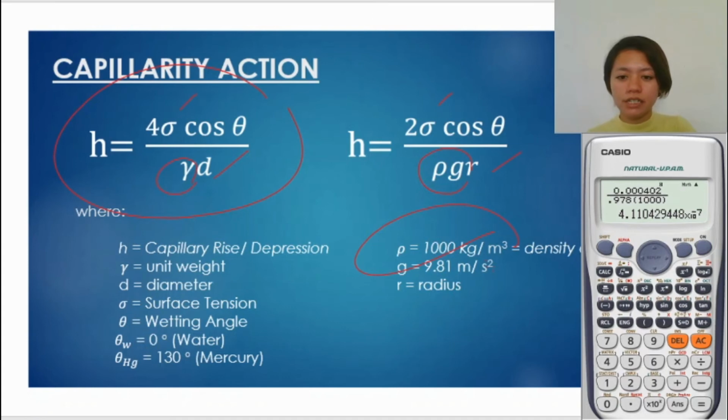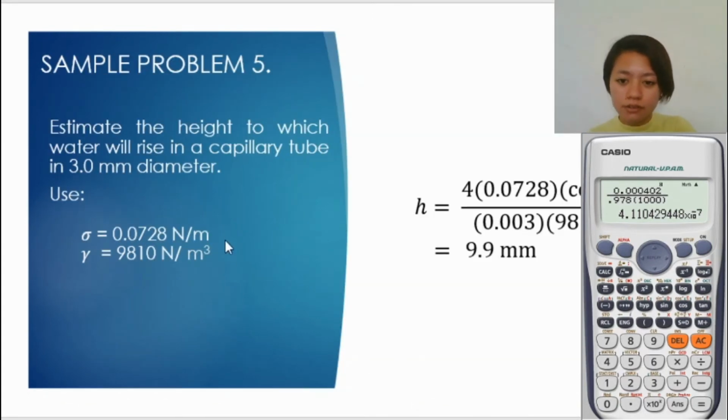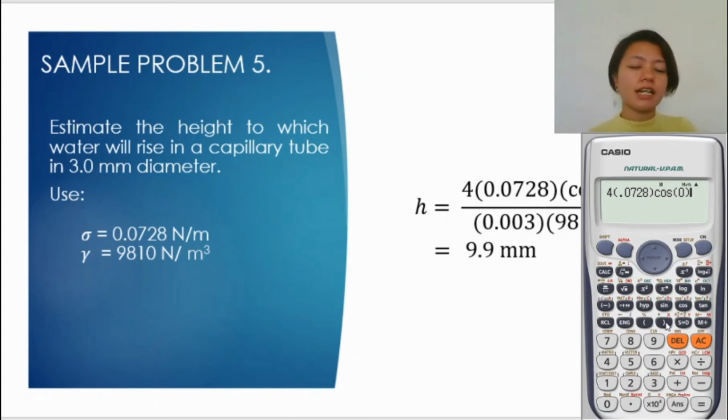So, we have here. So, water man. So, cos atong theta ani is 0. So, we have here 4 times atong surface tension nga 0.0728 cos 0 nga theta. Ibutang gid niyo cos guys kay og value si cos 0 og si 0.